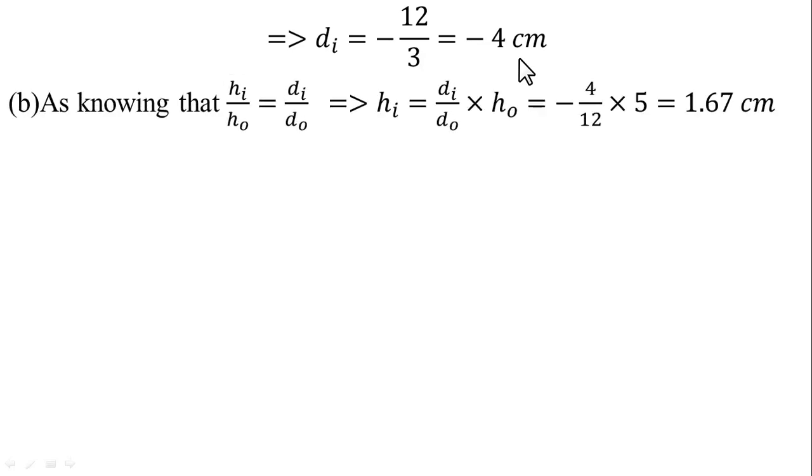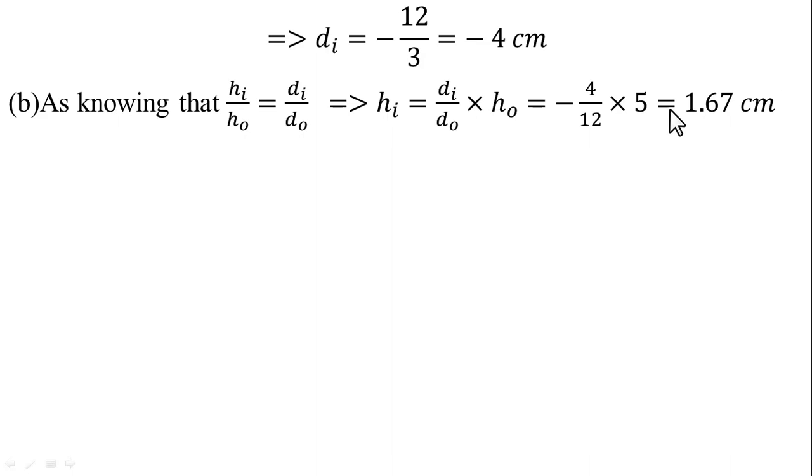Now we will find the height of image. As we know that height of image is equal to di over d naught multiplied by h naught. Putting the values, minus 4 upon minus 12 multiplied by 5.